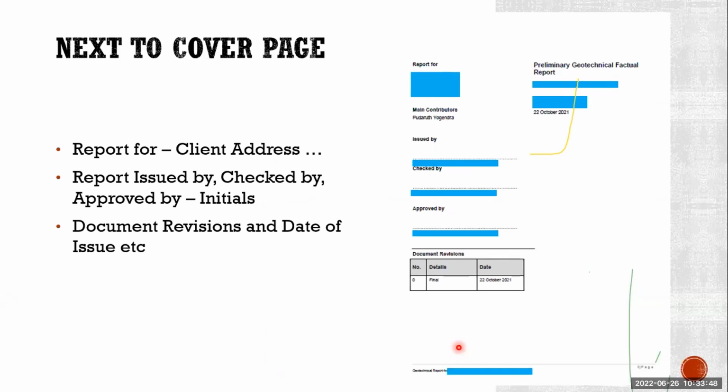You can also keep the document revisions and date of issue, because once you issue the report, maybe the client requests some changes and you may have to amend it. It is better to have revisions and date of issue. Next slide.